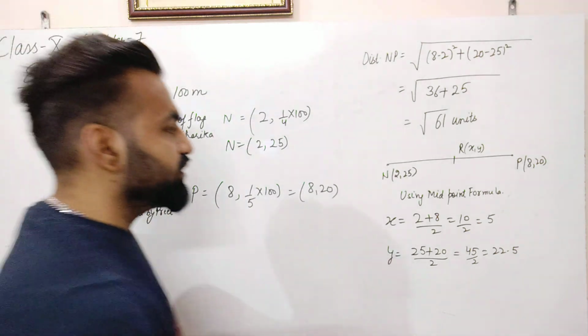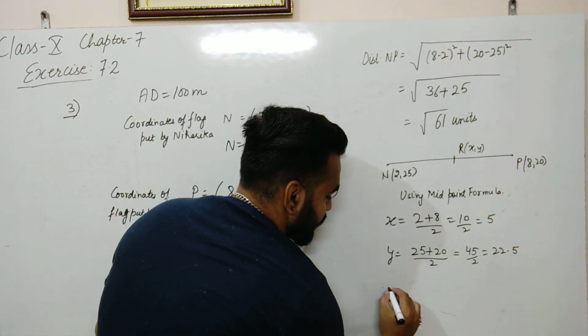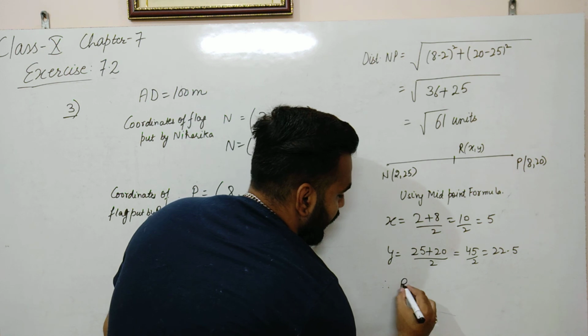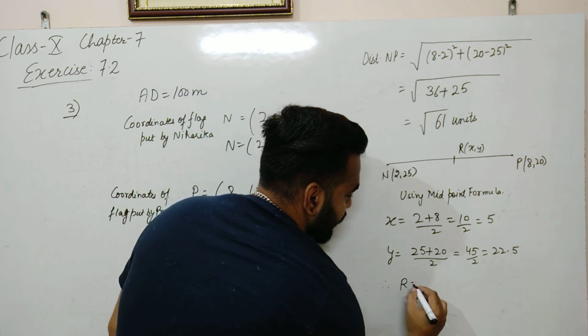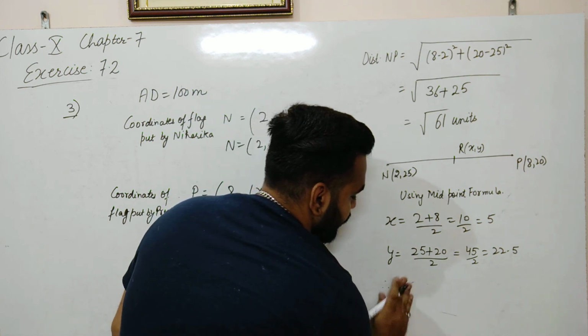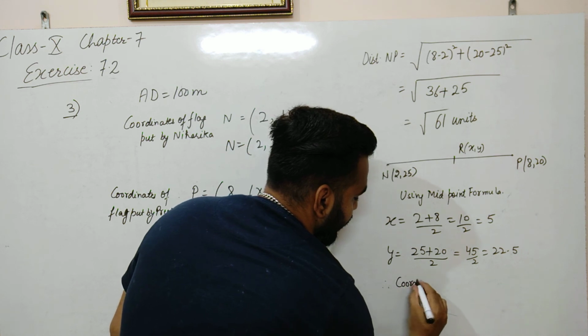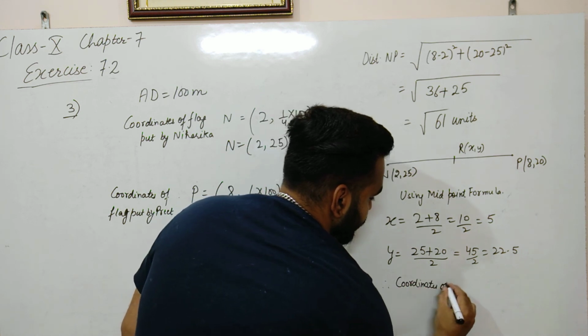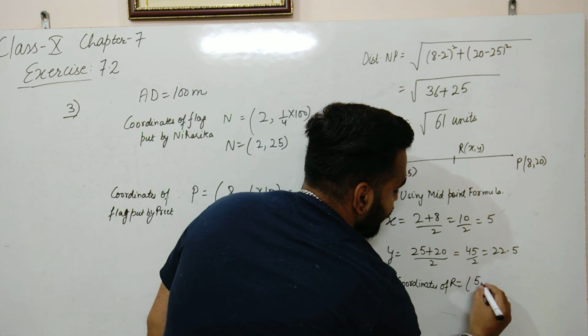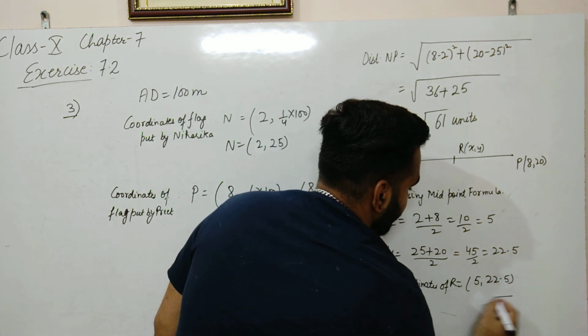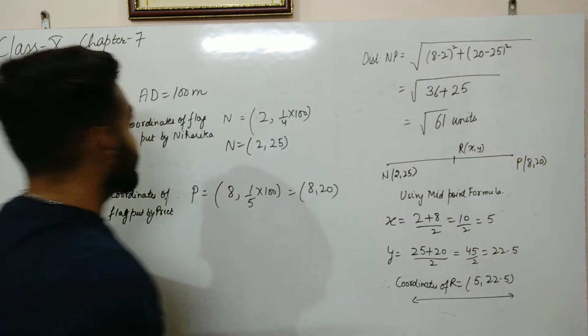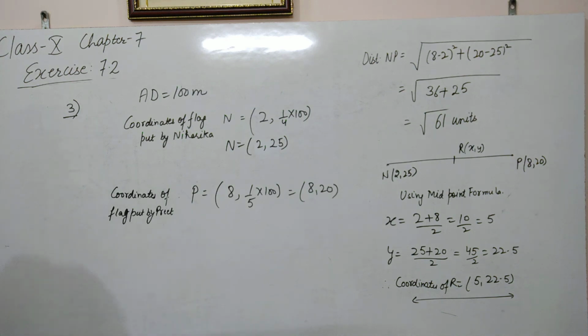So the coordinates of R are (5, 22.5). So this was question number 3.